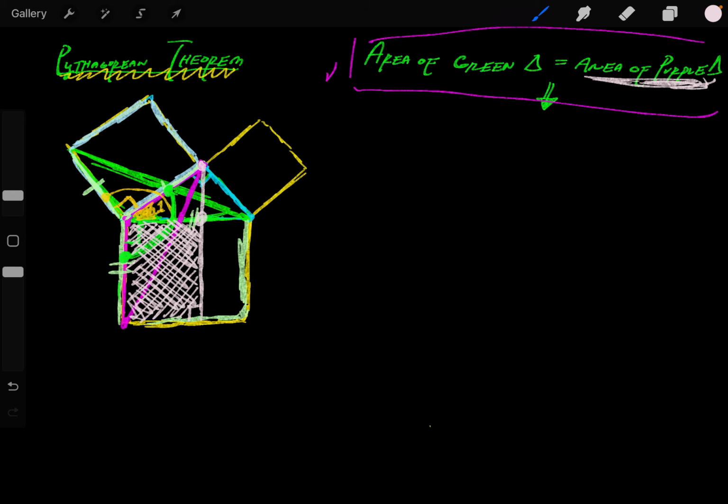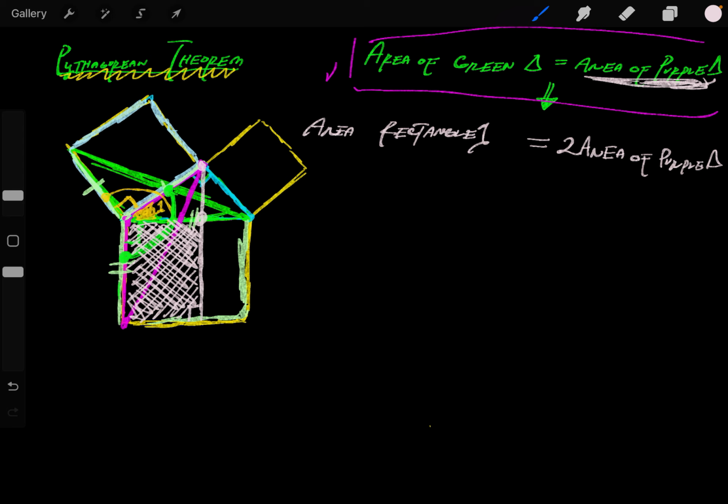So we want to show that 2 times the area of the purple triangle is equal to the area of rectangle, and let's call this rectangle 1. Okay, I want to show that.